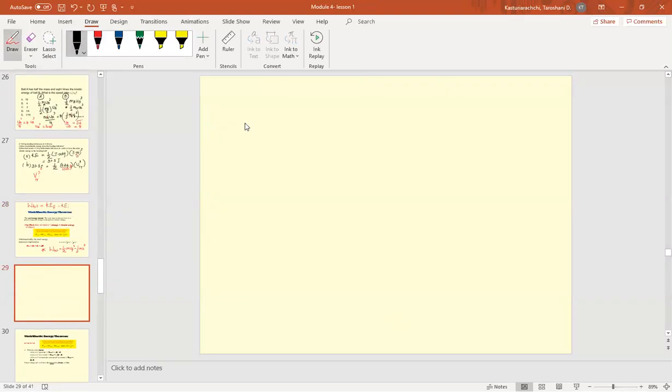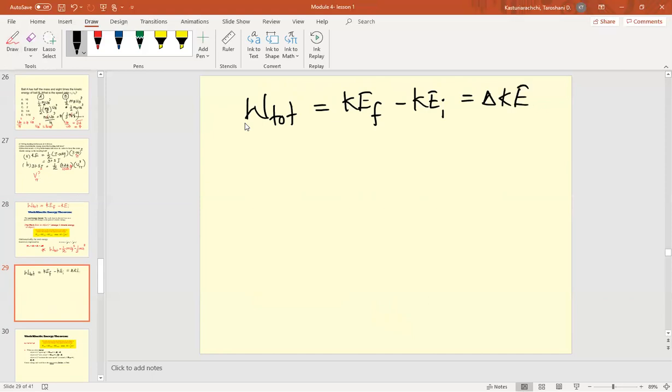Okay, this is my work energy theorem. Total work done is equal to change in kinetic energy, which is delta K. Delta means, remember, change in always. Or I could write half m vf squared minus half m vi squared. So let's say your total work done is positive.